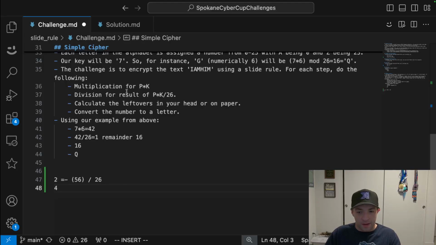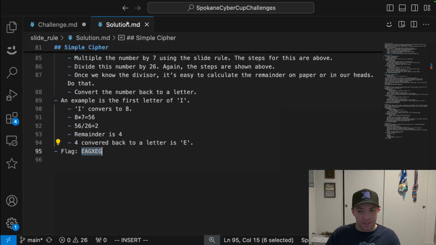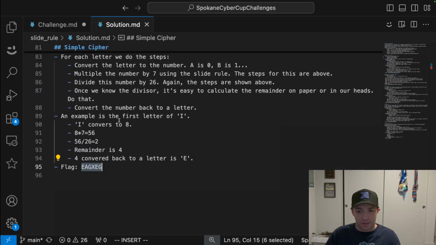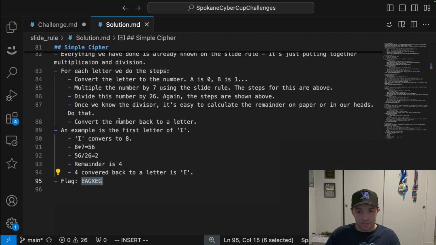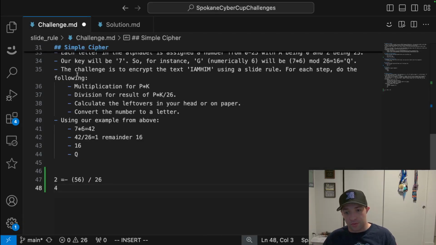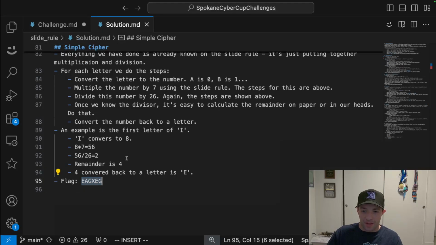So what is 4 going to be? 4 is going to be D, I believe. Oh, no, it's E. You're right. That is E because it's 0, 1, 2, 3, 4. So we're counting with indexes in this case. So 4 is going to be E. And if you look, that is what the first one is.